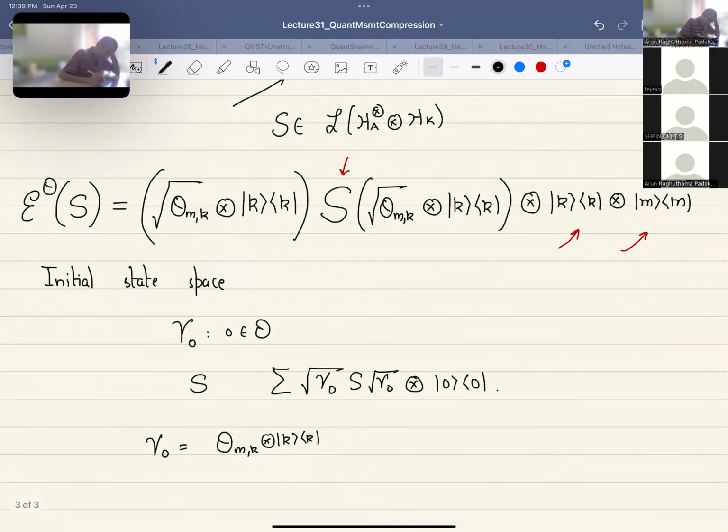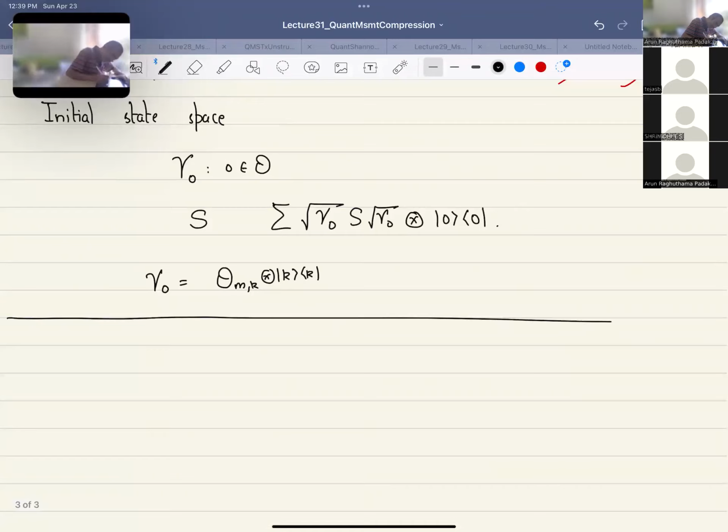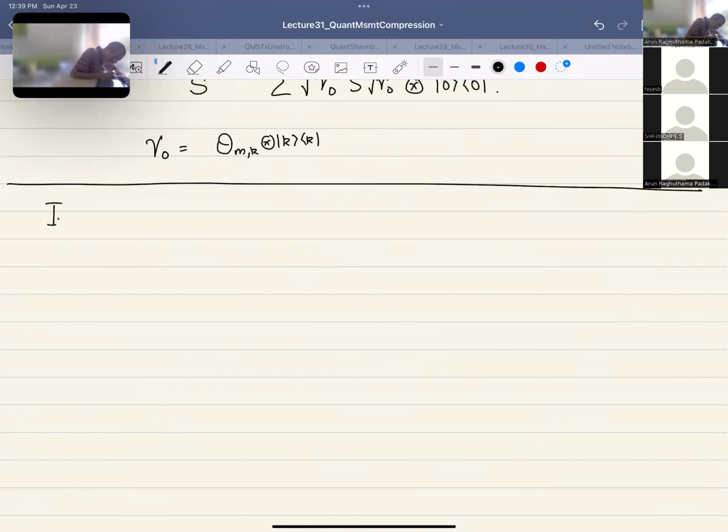Okay. So let's continue. The initial state space is important. I want you to understand this. I'm going to give you an exercise. The initial state space that you start with in the simulated protocol: you have a reference space HR tensor n, there is a particle space, and there is a public coin space, right?